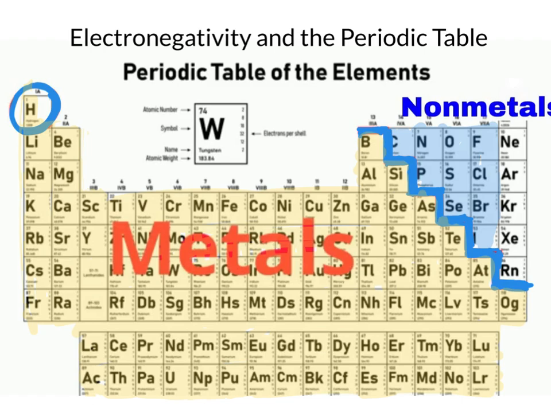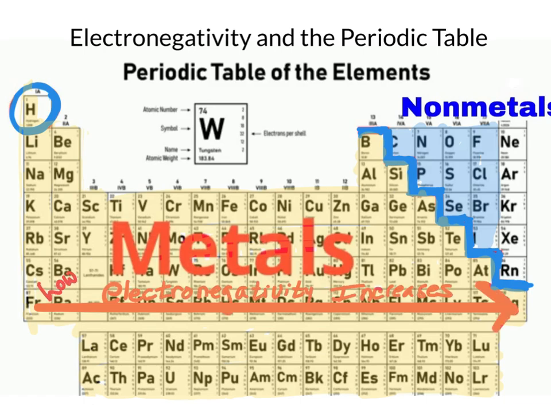That means that everything on the left side of the periodic table has a lower electronegativity than the things on the right, and the general trend is that as we go from left to right, the electronegativity increases. So I know that anytime I'm looking in the same period, the electronegativity will increase from left to right.